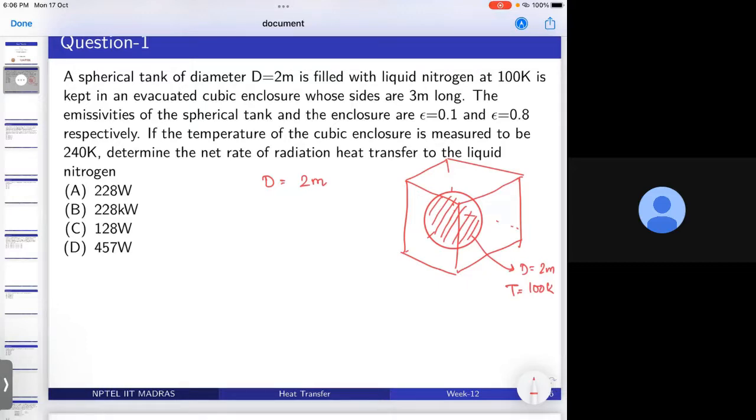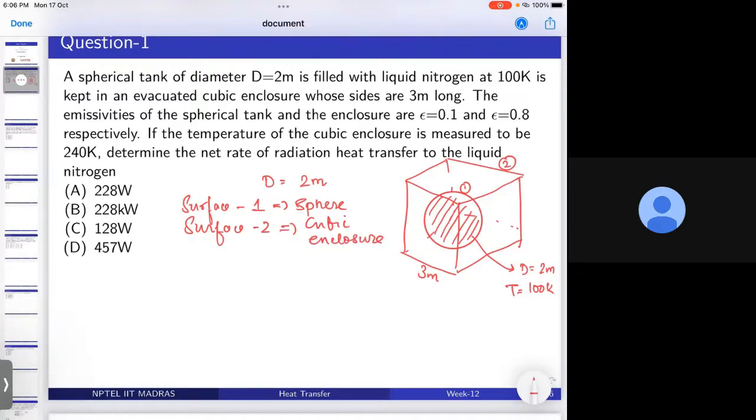The sides of the cubic enclosure are given as 3 meter. I am taking the spherical surface as 1 and the cubic surface as 2. So one is the sphere, and surface 2 I am naming as the cubic enclosure.